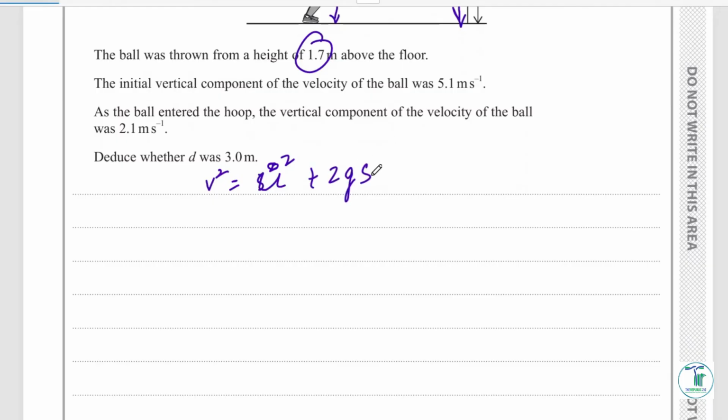Since we're looking for the distance, 2gs is equal to v square minus u square, and s comes out to be v square minus u square divided by 2 times g.